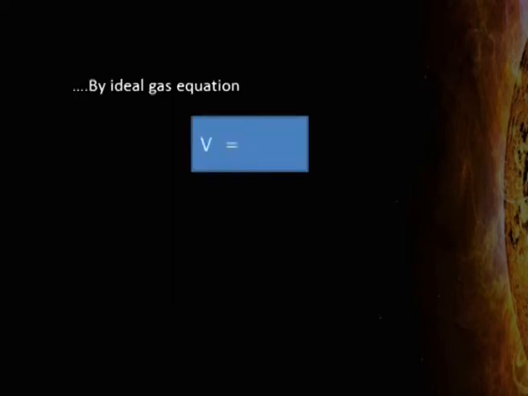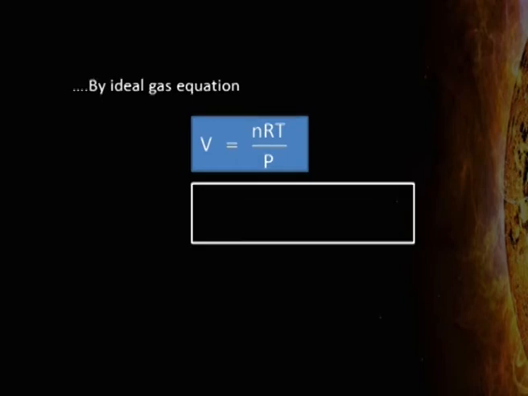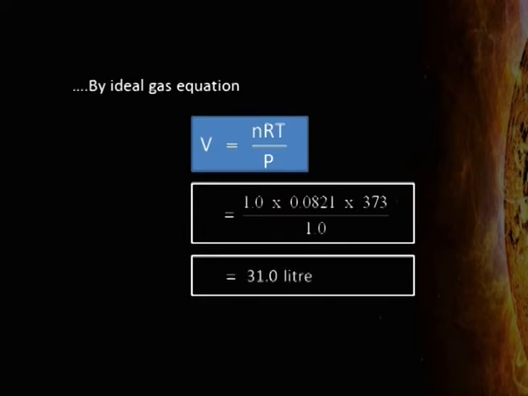Now applying the ideal gas equation, PV is equal to nRT, we will get the value of volume. Volume will be equal to 1 multiplied by 0.0821 multiplied by 373 divided by 1, which is equal to 31 liters. This is the volume of water vapor and this is also equal to the volume change, because the volume of liquid water is taken to be negligible.